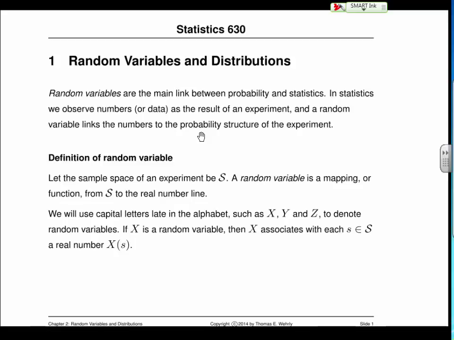Okay, so first of all, we'll give a fairly abstract definition of random variable. Then we'll look at some fairly concrete examples, and then we'll develop some of the most commonly used distributions for random variables. Okay, so essentially what we have is a sample space S, and a random variable is just a function from S to the real line.